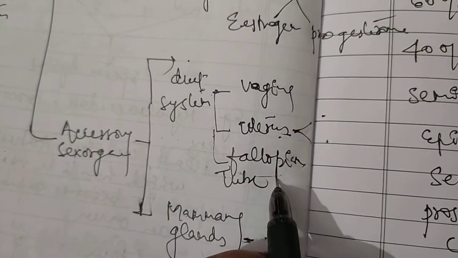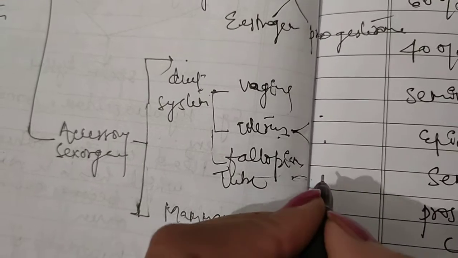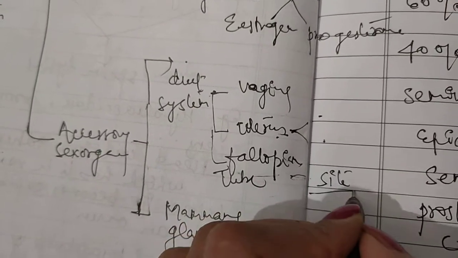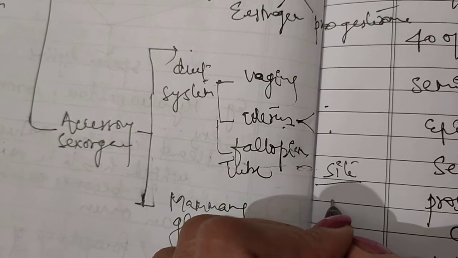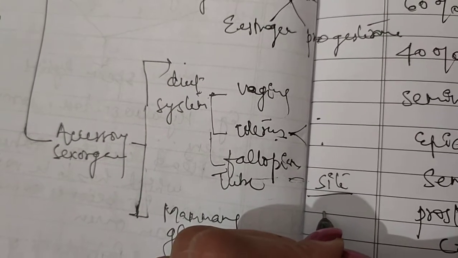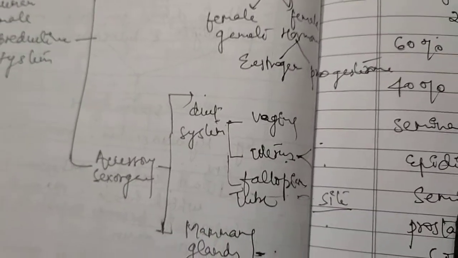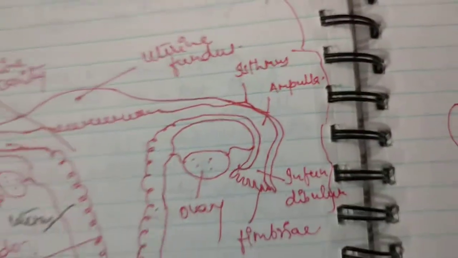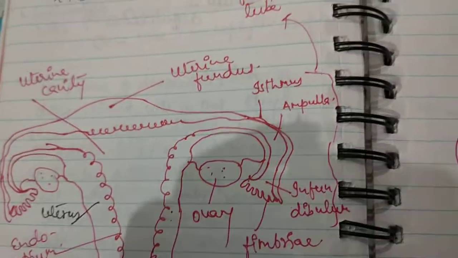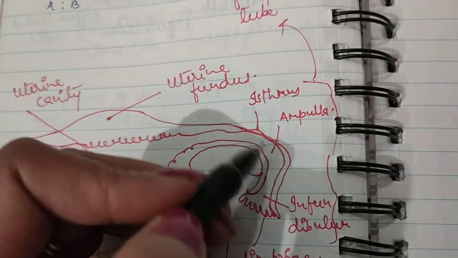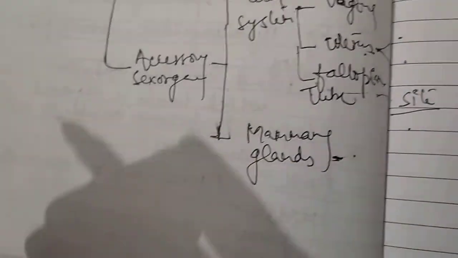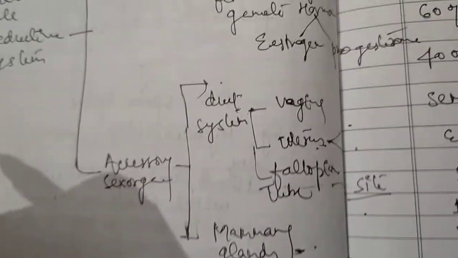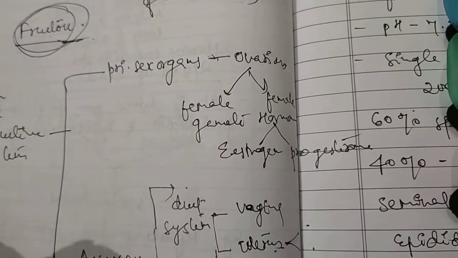Then fallopian tube, it is the actual site for fertilization. It acts as a site for fertilization to occur. Actually, the site is ampullary isthmic junction, somewhere here, the site of fertilization. And then mammary gland, which produces milk after the delivery of the child.